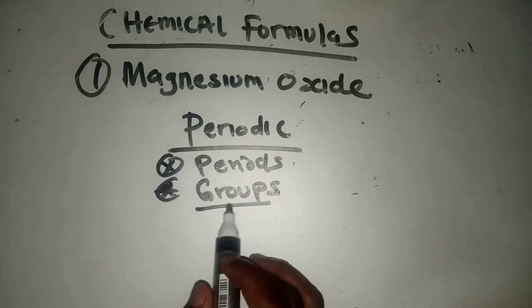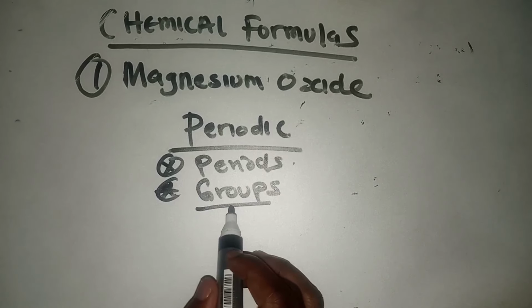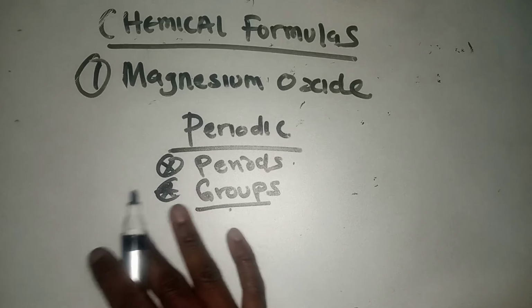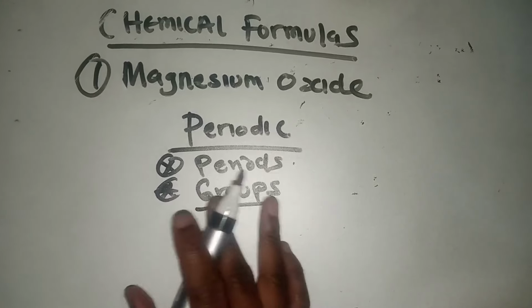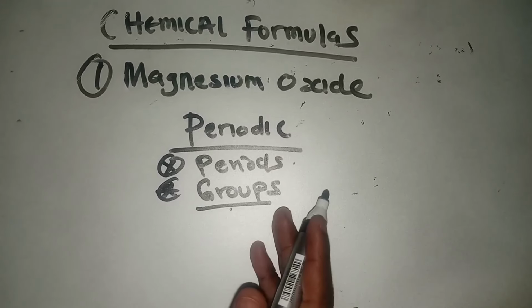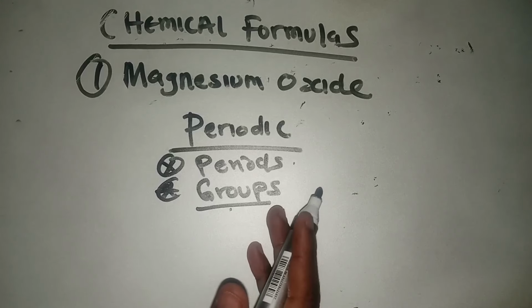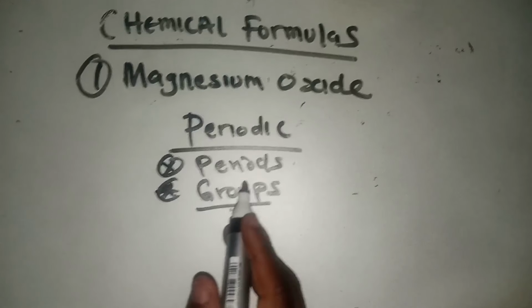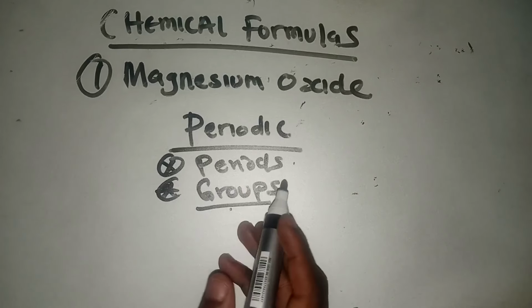My main interest is not on periods but on groups. At a basic level, like grade 12, you know that we've got 8 groups on a periodic table, group 1 up to group 8.